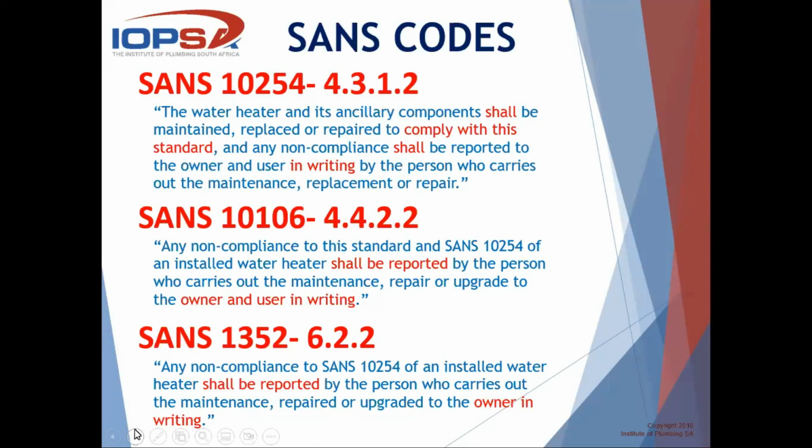So we have got the responsibility in terms of the legislation and the SANS codes to inform the client in writing. And I think that is also another important part to this, to not only tell the person, but to do it in writing so that we've got proof that we have notified them.